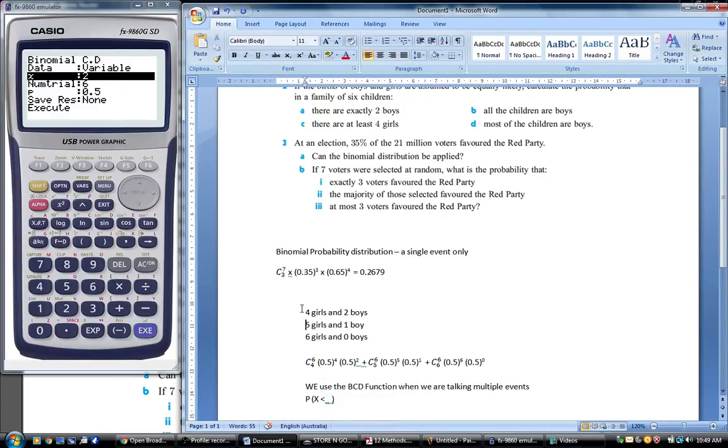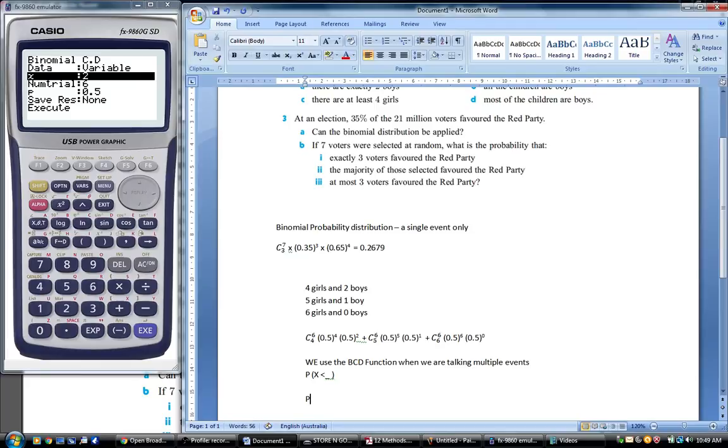We can't change it to be probabilities greater than. So we're calculating the probability of x being less than or equal to 2. I've just done the less than and the underscore there to show, since I'm not sure how to do that symbol without inserting it. That just means less than or equal to 2.